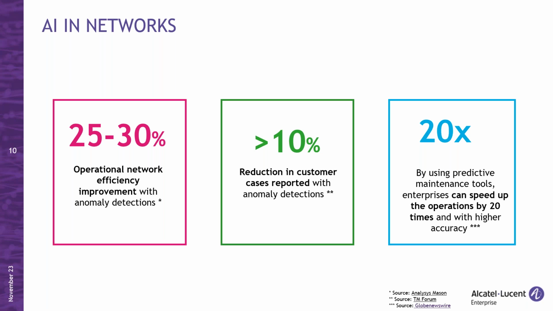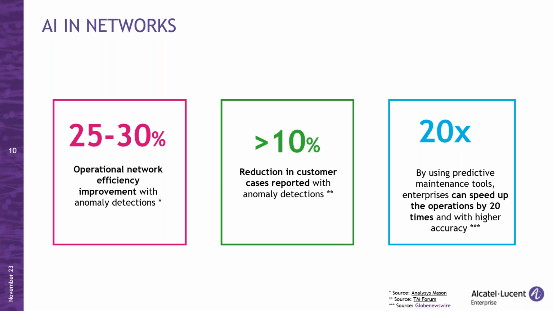Just some figures to show what we are talking about. These are some figures related to the use of preventive maintenance tools in networks. Beginning on the left, we can expect between 55 to 30% of operational networking efficiency improvement when we have anomaly detections.